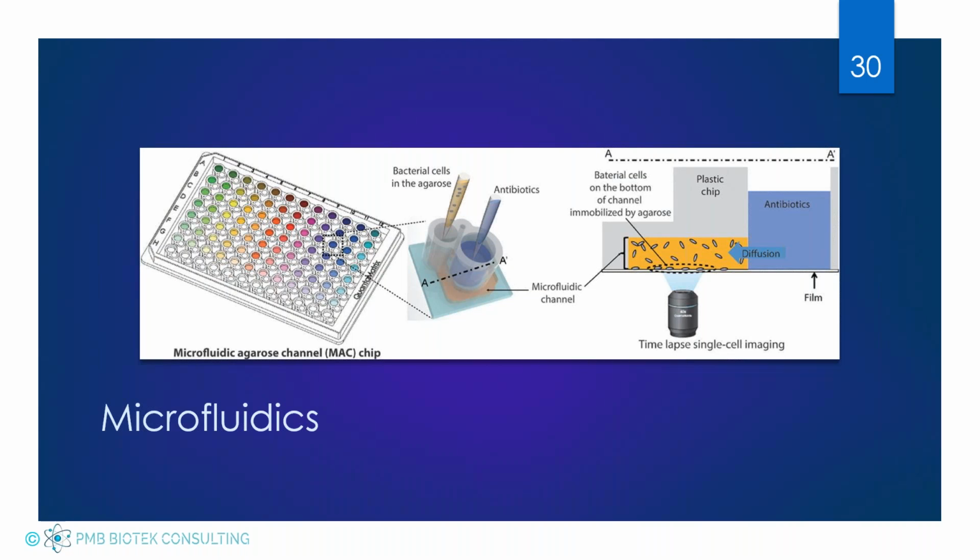You can either enumerate them based on how they flow through the channel, or you can detect them based on their size or some sort of fluorescent marker that you could attach to it. We've also seen magnets and magnetic particles added to these to really enhance the detection or quantitation stage.